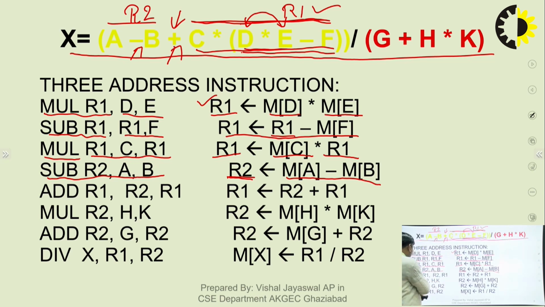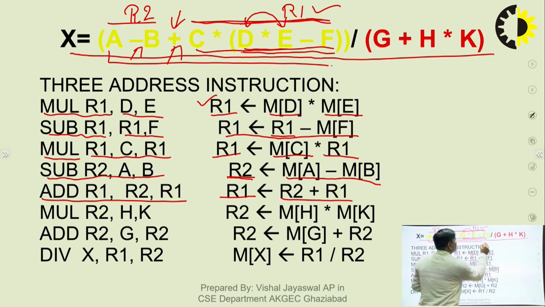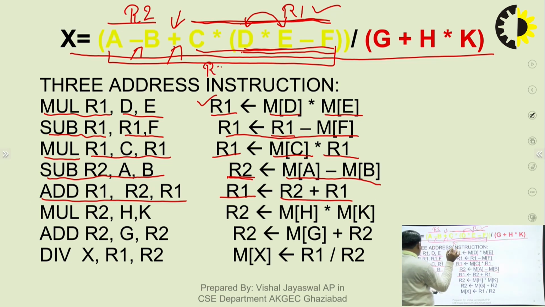For this we are using the add instruction, that is add R1 comma R2 comma R1, means we are going to add R2 plus R1 and store the result in R1. So this is contained in the R1 register.